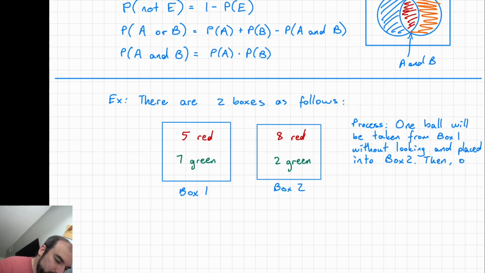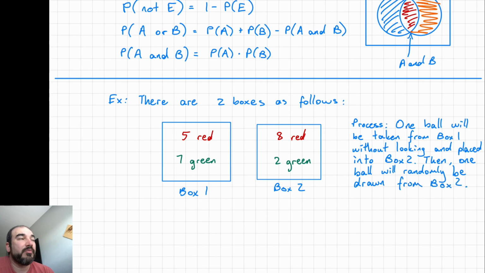Then one ball will randomly be drawn from box 2. So one ball gets transferred from box 1 to box 2 without looking at it, and then one ball is drawn from box 2. The question we're going to ask is about this randomly selected second ball.